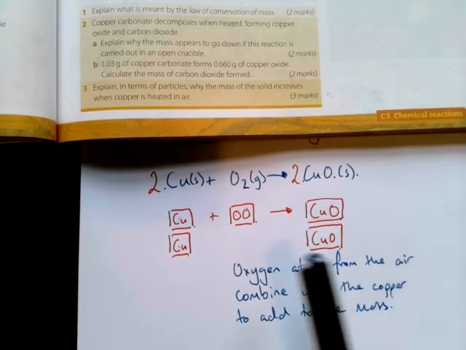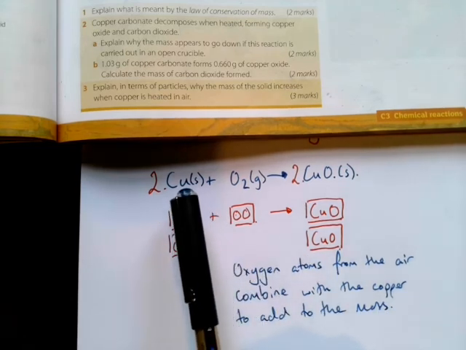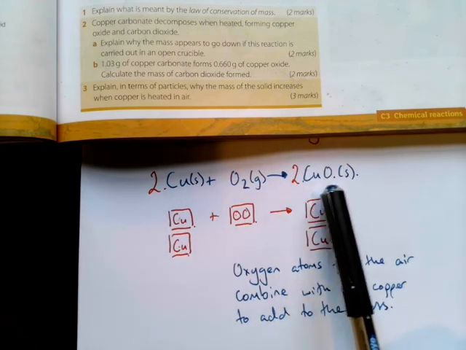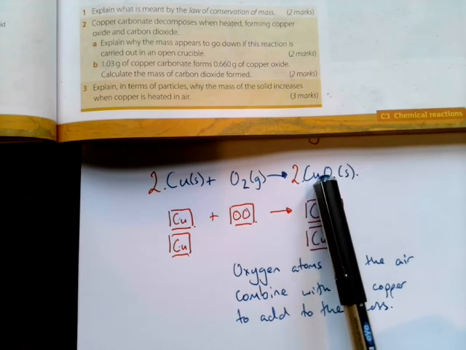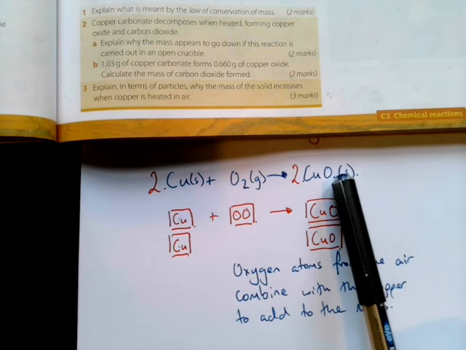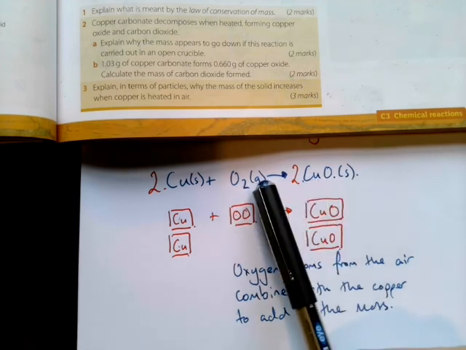You can see that in terms of solid, I started off with my copper and I ended up with my copper oxide. So the solid has increased by all the oxygen atoms that I've added on. I've still got my original copper over here, but now in terms of my solid, I've also got my oxygen atoms from the air.